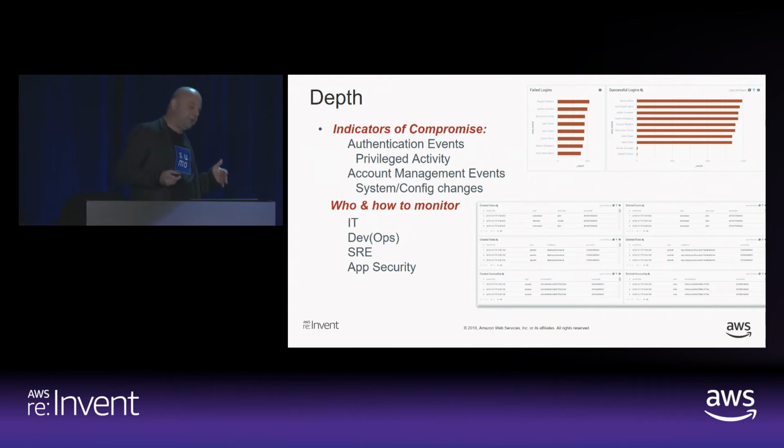Account management events, right? What users, groups, policies, whatever it may be, are being created, something that you ultimately probably want to keep an eye on in general. And then last but not least, system and configuration changes. Anything that affects the security of your systems and or the operational viability, I guess, is something that's worth looking at.